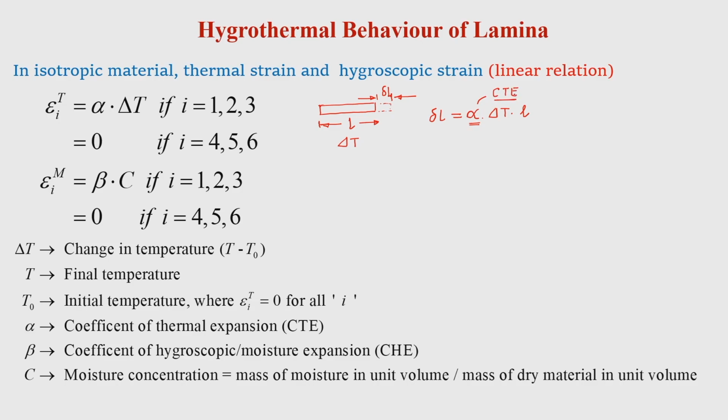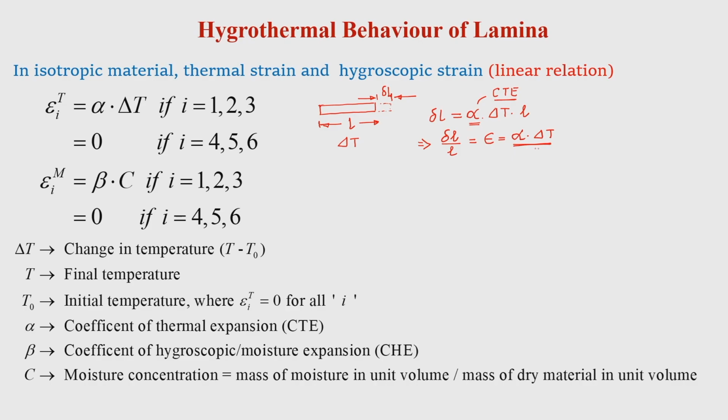Therefore, we can write delta L by L, which is nothing but the strain, change in length by initial length, is equal to alpha into delta T. So, what is the strain induced because of delta T is decided by alpha, which is the property of that material, known as the coefficient of thermal expansion.